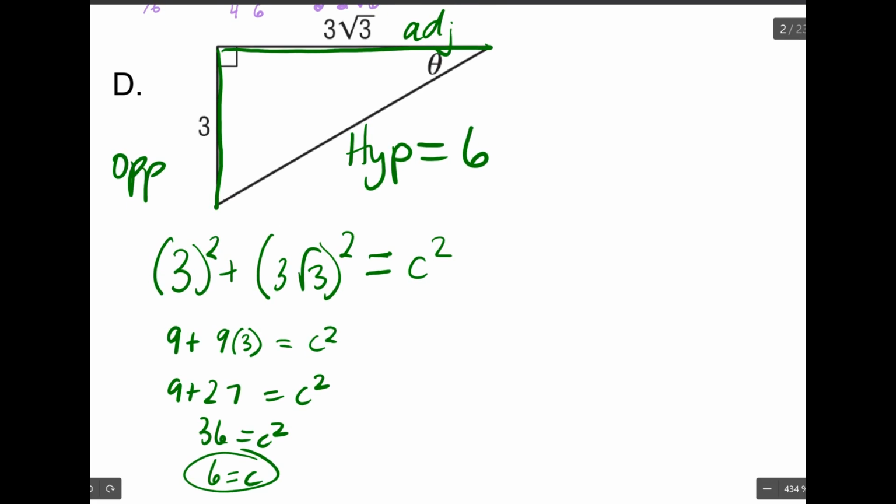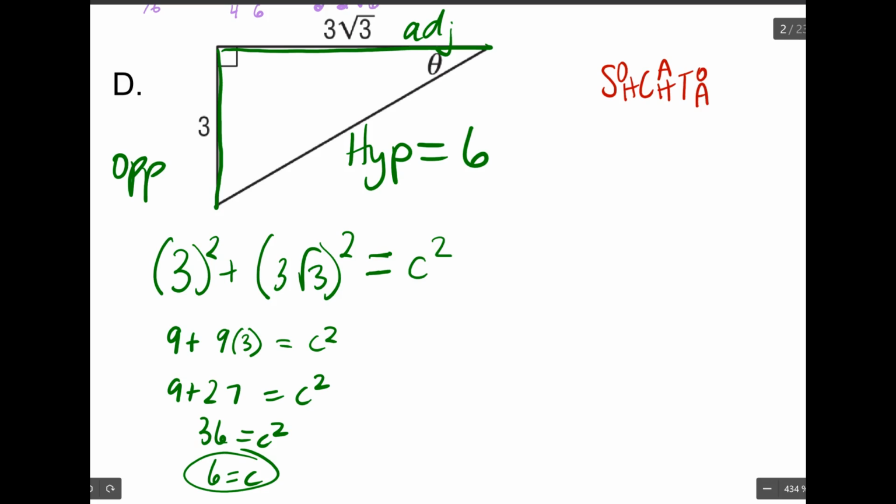So the way I did that, let me slow down a sec. 3 squared plus 3√3 squared is going to be my hypotenuse squared. So this is a special triangle, I believe, going over in geometry. We're going to hit it again this unit, this section in particular. Alright, so now that I have all three sides, I can go through and find my ratios.